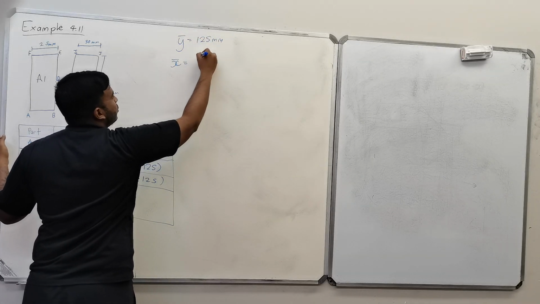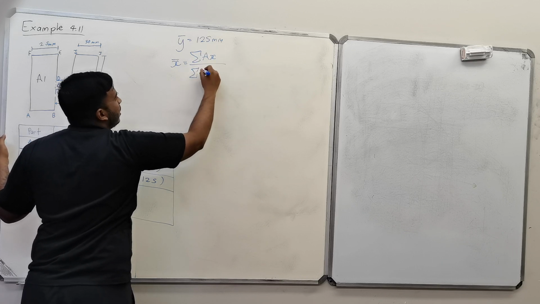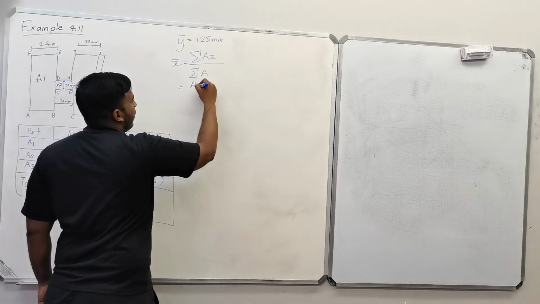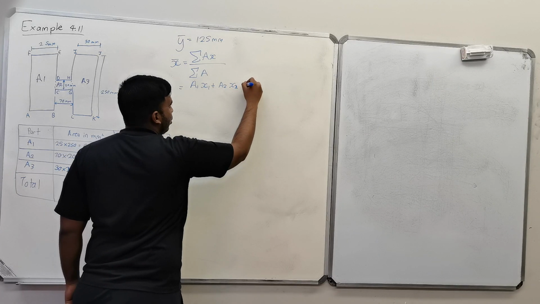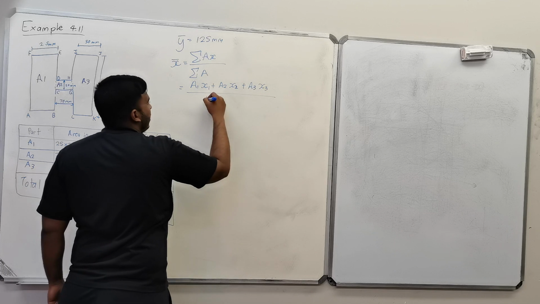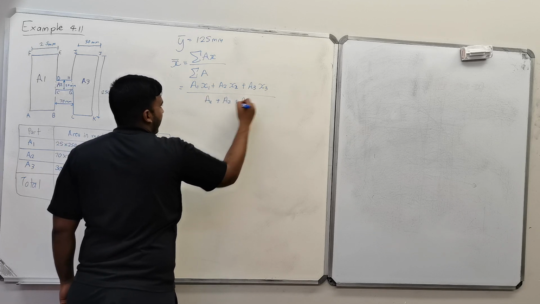X bar will be equal to the sum of the moments of area over the total area, right? This would be equal to A1 times X1 plus A2 times X2 plus A3 times X3, all over A1 plus A2 plus A3.